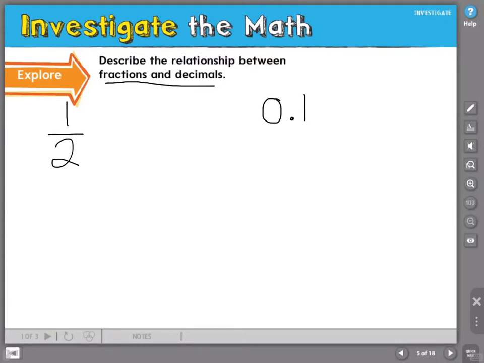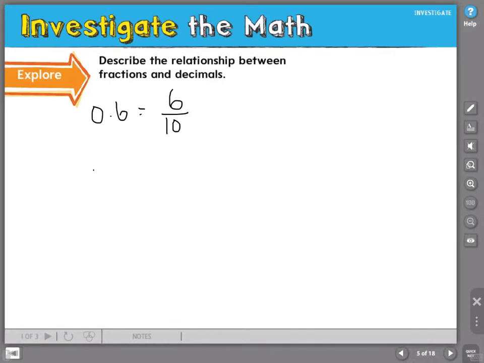Now, we already know how to write decimals as fractions because we know that 0.6 can be written as 6/10. We know that 0.13 could be written as 13/100.